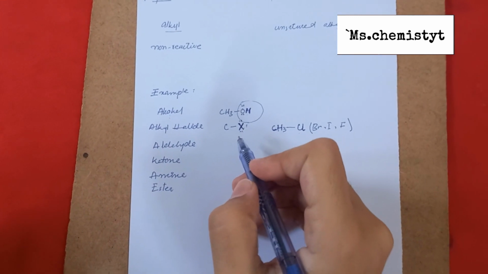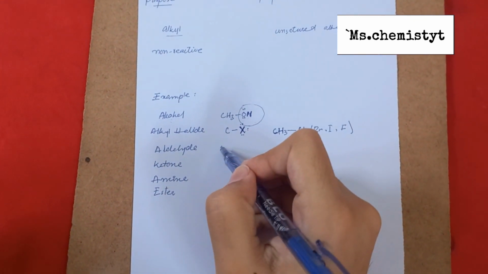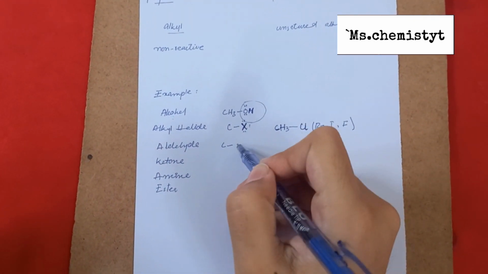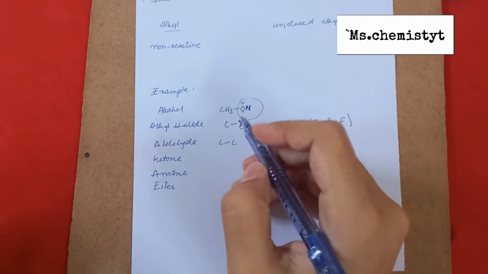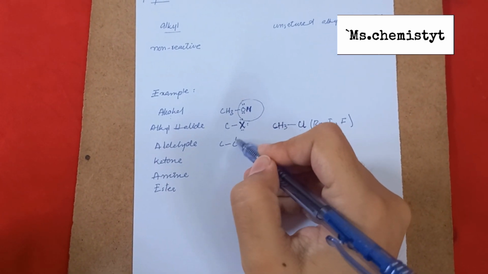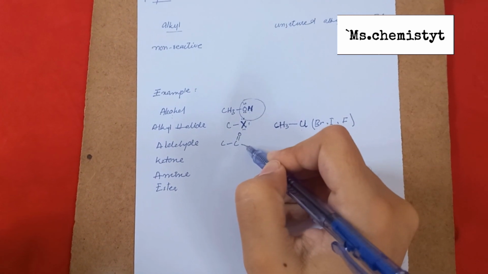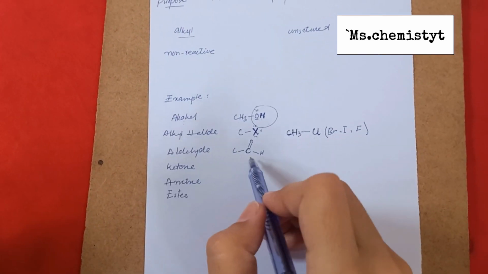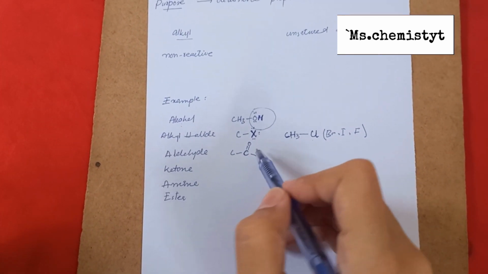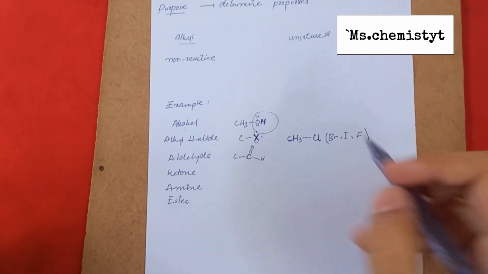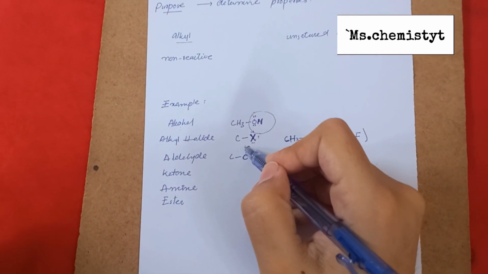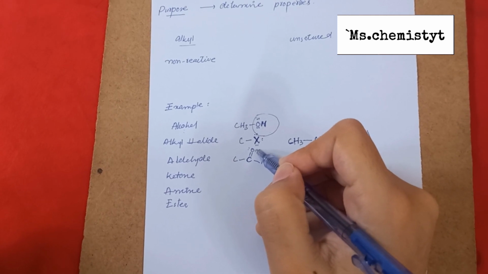If I write the formula for the aldehyde, that will be C, C, here the O. Aldehyde is a carbonyl compound that possesses a C=O bond, having 2 lone pairs on the oxygen.